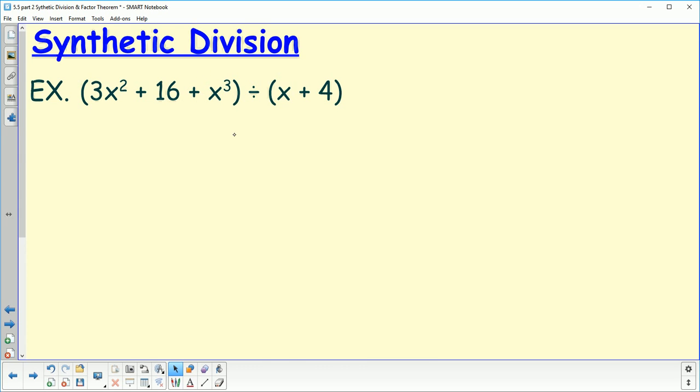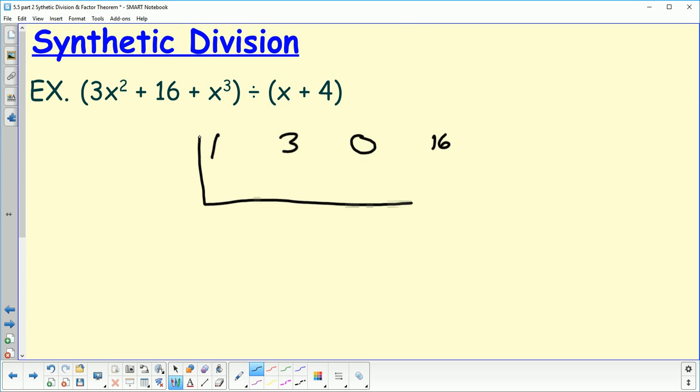So x cubed is my highest, so my first coefficient is a 1. Now I need my x squared coefficient, which is a 3. Now I need my x coefficient, and you'll notice there is no x here, so this is an example of one where I need to put a place filler in as 0. And finally, my constant, and then outside the box to the left, I'm going to write c, which in this case is a negative 4.